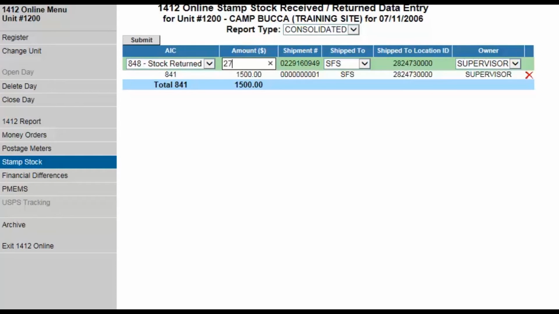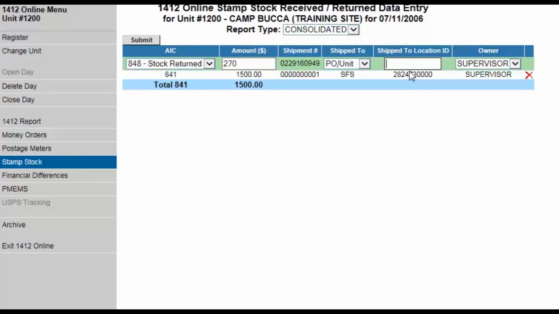Today, we are going to transfer $270 worth of stamps. And we are going to actually ship it to another location. You can either ship it back to the SFS or another post office. So we have decided to send it to another PFO within the region because he is in dire need of $270 worth of breast cancer stamps.